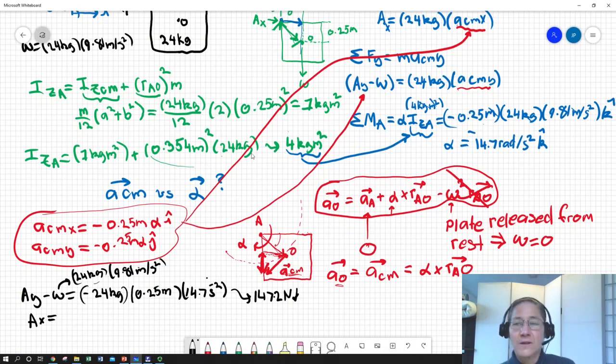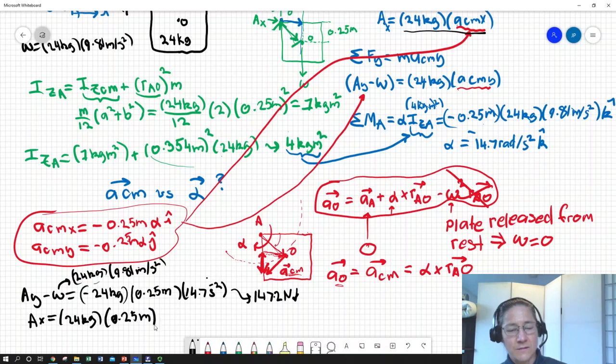There's only the mass, 24 kilograms, and then my ACMX is 0.25 meters times alpha, seconds to the minus 2, and that should give me 88.3 newtons. That's going in the negative x direction, because that corresponds to the direction of our acceleration.